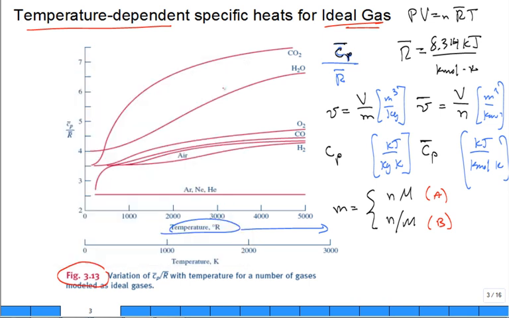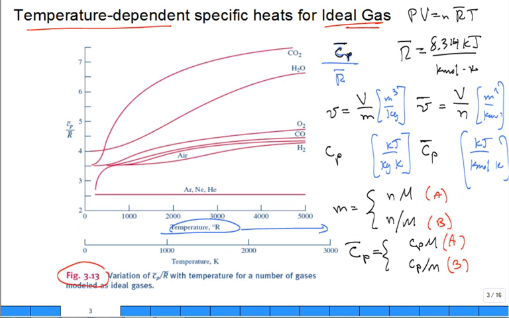So let's take a look at another one. I want to be able to go back and forth between C sub P bar and C sub P. So should I multiply by M, or should I take C sub P and divide by M? Which one of those is correct? Answer A or answer B?